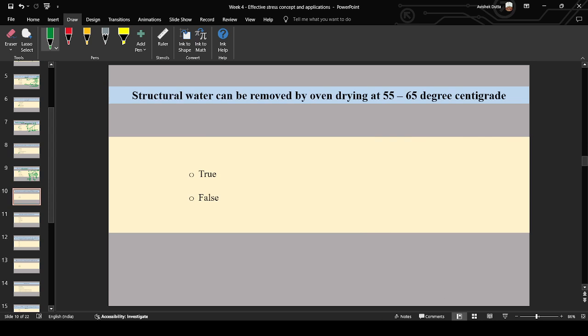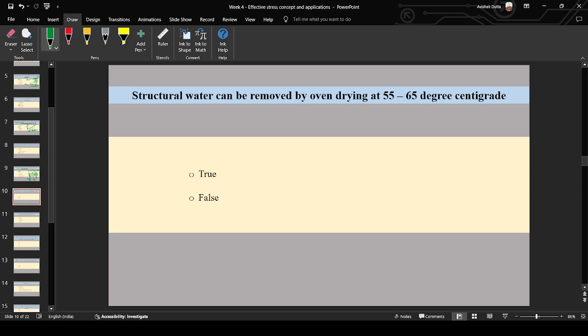Structural water can be removed by oven drying at 55 to 65 degrees centigrade. The statement is false because structural water is chemically bonded water which cannot be removed even if it is boiled till 110 degrees centigrade. Upon heating to a temperature of more than 110 degrees centigrade, the bonds break and the chemically bonded water can be released, which will lead to a change in the chemical composition of the soil mass.